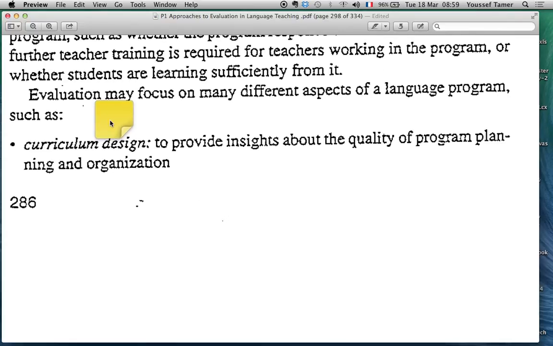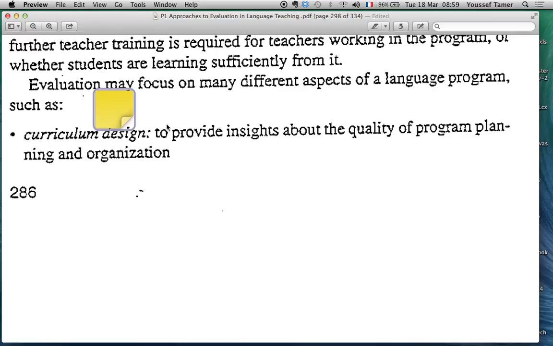Now the other point to be referred to here is the focus. The focus and objectives of evaluation. What can be the focus of an evaluation? We can have different aspects here. The first one is the curriculum design, to provide insights about the quality of program planning and organization.